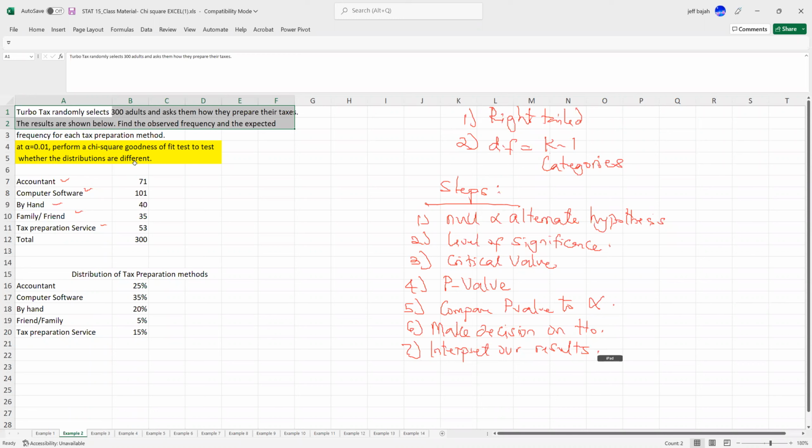So these are the steps that we follow, and we're going to follow these steps in solving the question today. So let's take it step by step and see how we can solve this question.